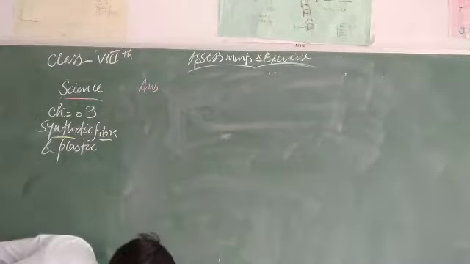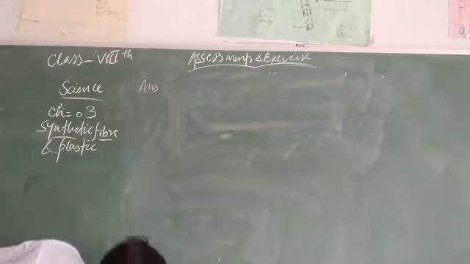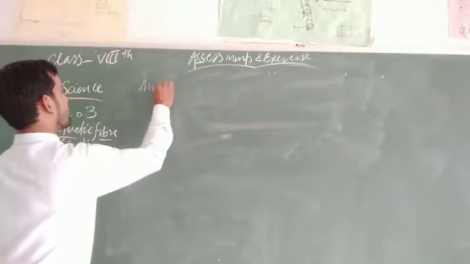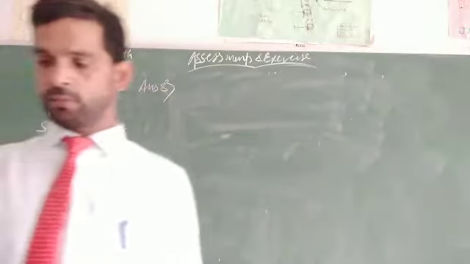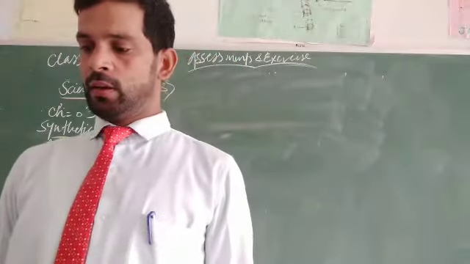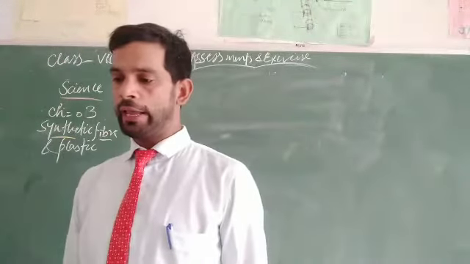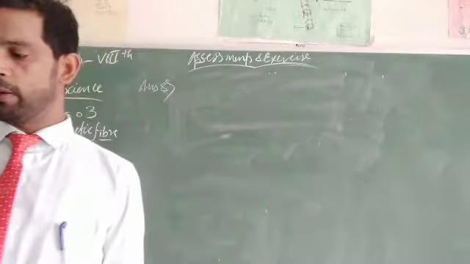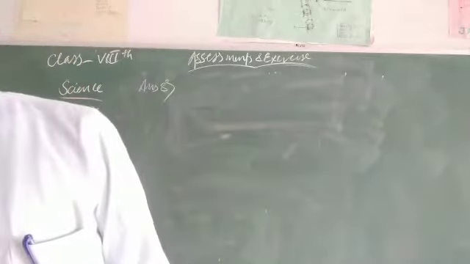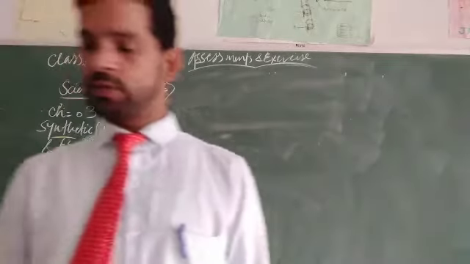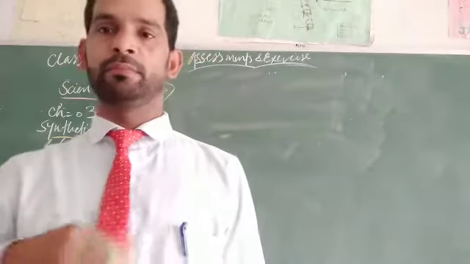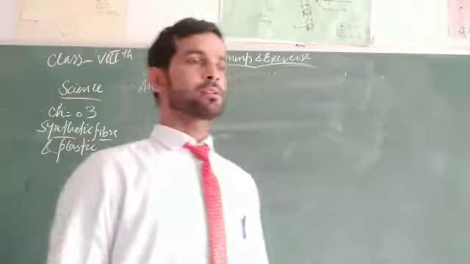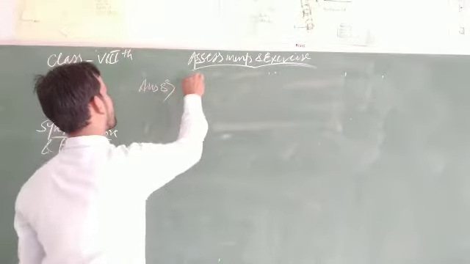Next, question number 8. A synthetic fiber which looks like silk is obtained by chemical treatment of wood pulp. Therefore it is known as artificial silk. What is the common name? The artificial silk is called rayon.